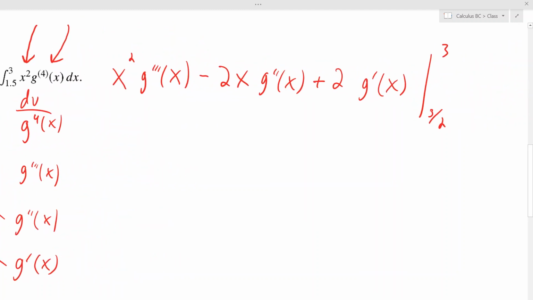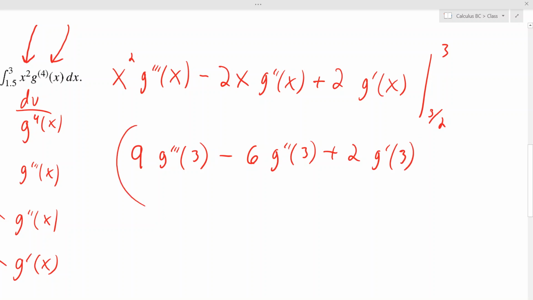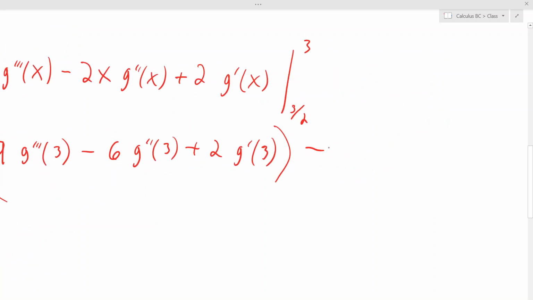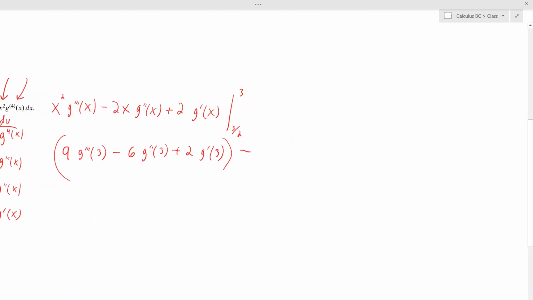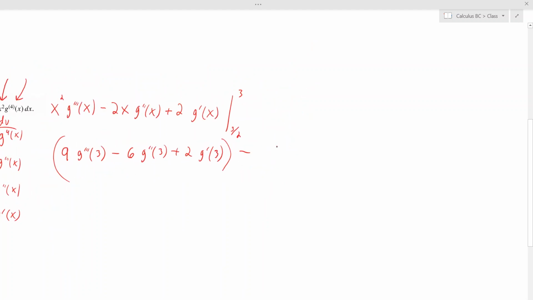And we got to plug in the 3, so it's going to be 9 g triple prime of 3 minus 6 g double prime of 3 plus 2 g prime of 3. That's that part. And then minus, let me give myself some more room here. 3/2 squared is 9/4.